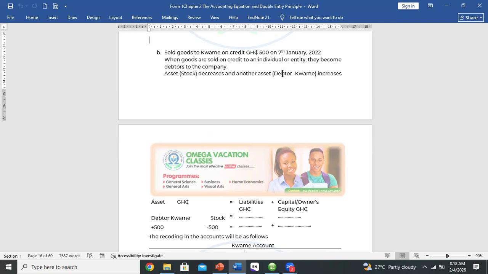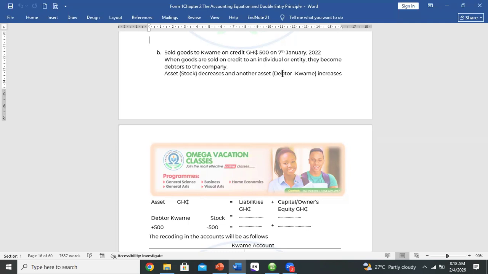If you don't look at it that way, you say the one you sold to is a person, so you ask yourself, was the person receiving or giving? In this case, if you are selling goods to Kwame on credit, Kwame is receiving. So you debit the receiver.